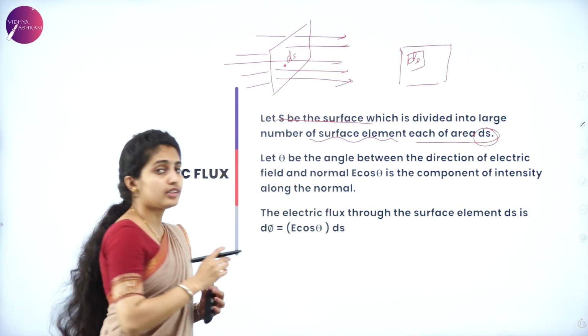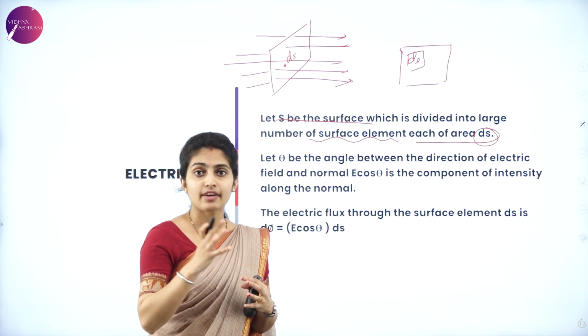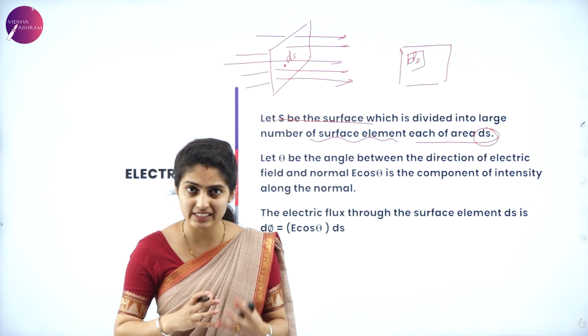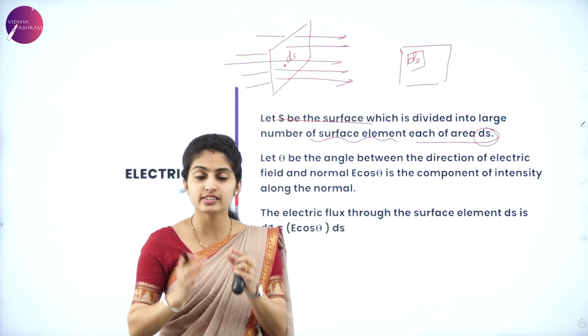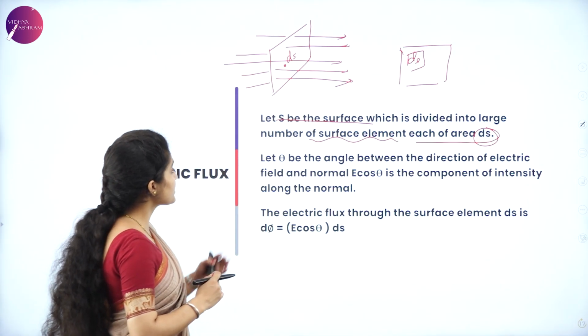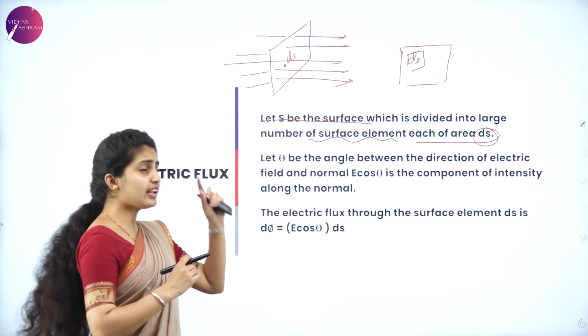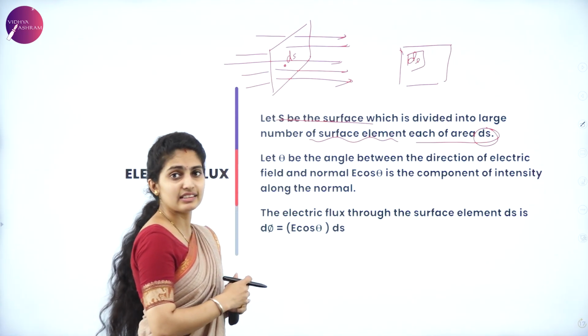So there are electric field lines passing through a surface element, within which there is an area called ds or delta s, through which the electric field line passes. When that is the case, if the conductor is tilted a little, what happens? Tilted by an angle theta.